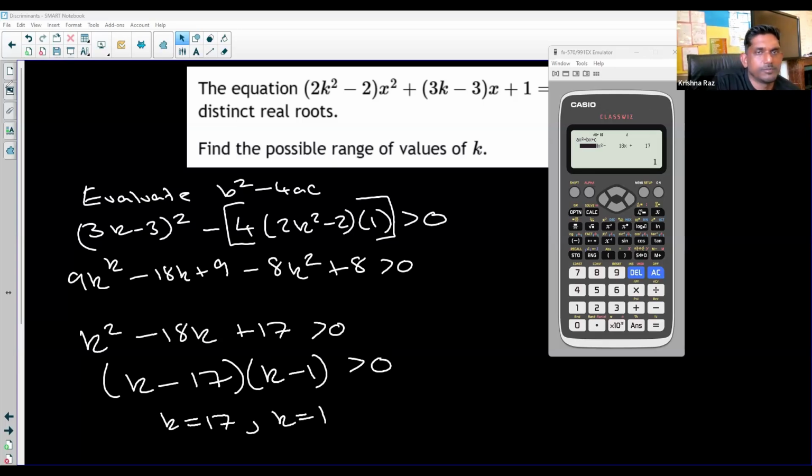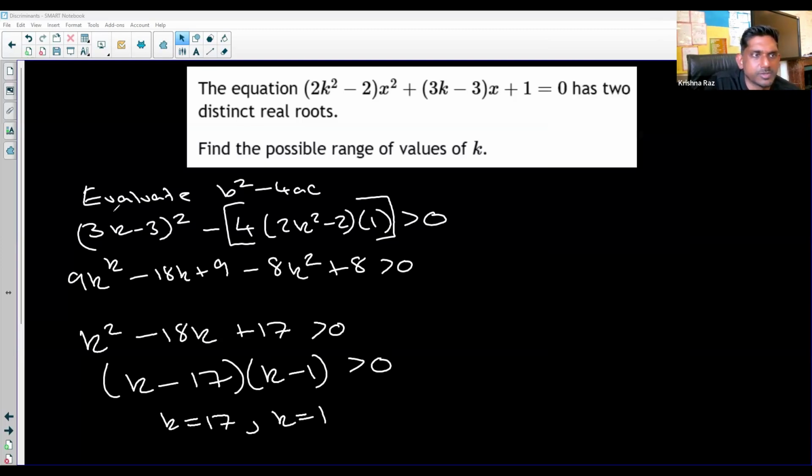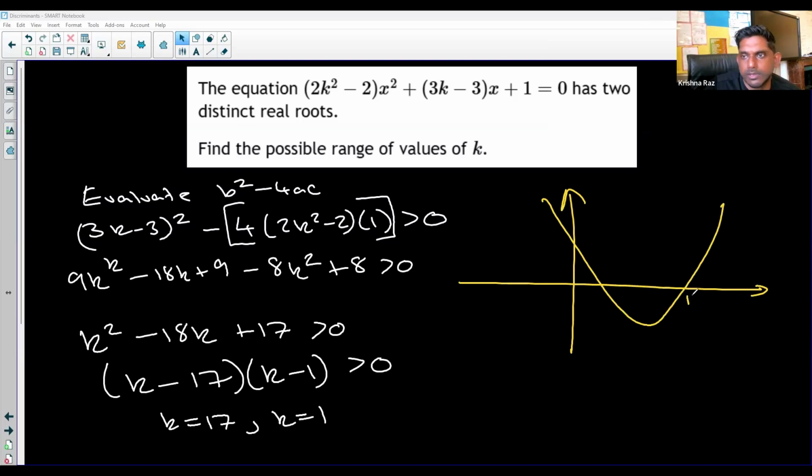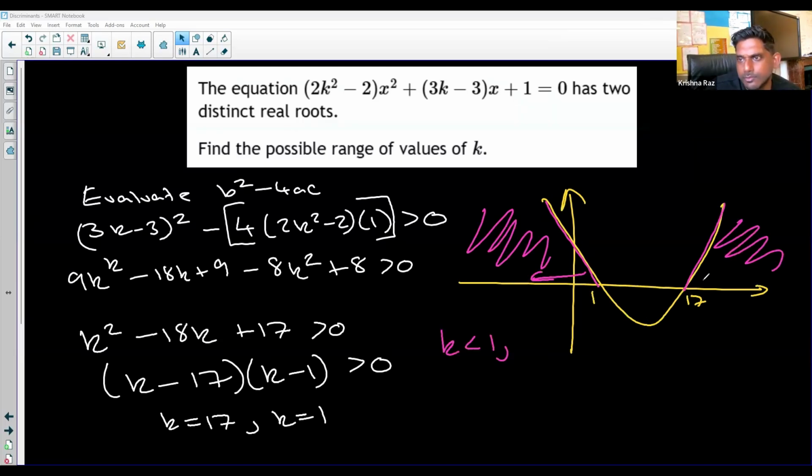So therefore, if we're solving this quadratic inequality, where is this function bigger than 0? Well, here and here. So it's to the left of 1 and the right of 17.